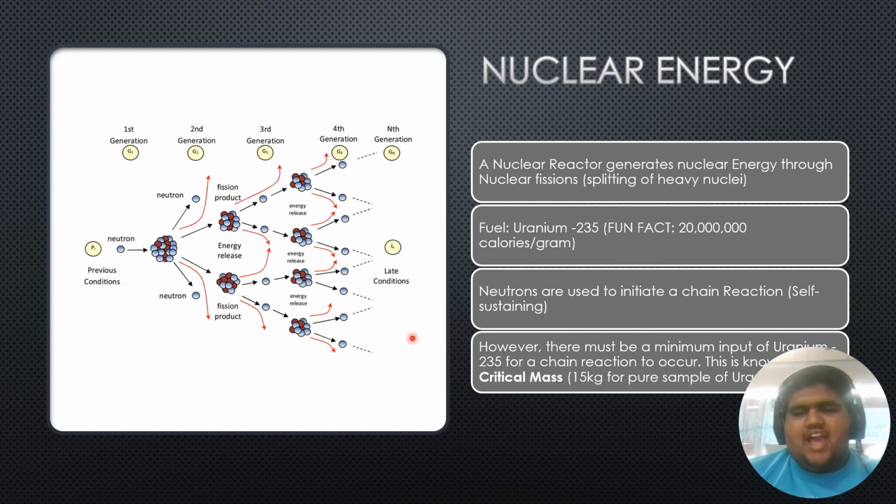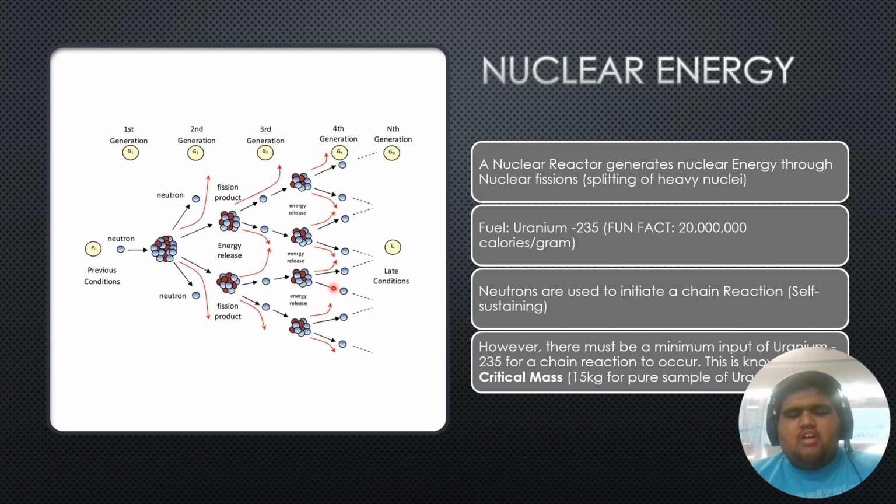However, you're gonna have to have a minimum mass of uranium 235 for this chain reaction to occur. That's called the critical mass. And for a pure sample of uranium 235, you're gonna need 15 kilograms of critical mass.